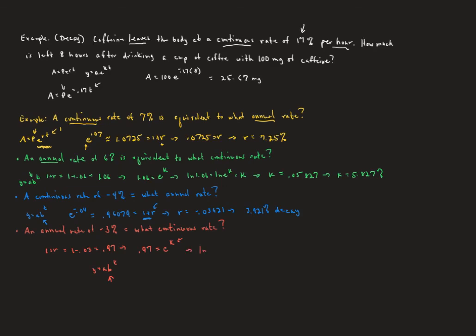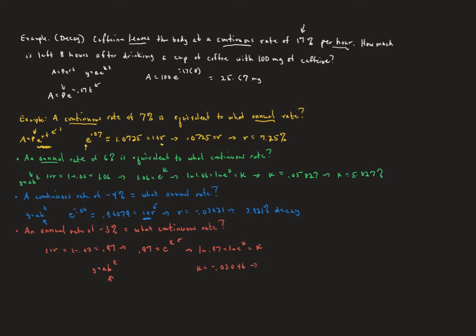So once again, we're going to take the natural log of both sides, and that means that the natural log of e to the k is going to be k. And so when we get the natural log of 0.97, I believe that's a negative 0.03046, if I'm reading that right.